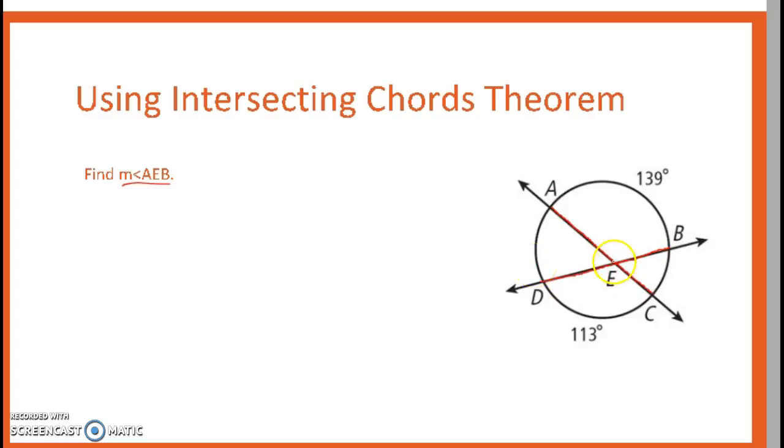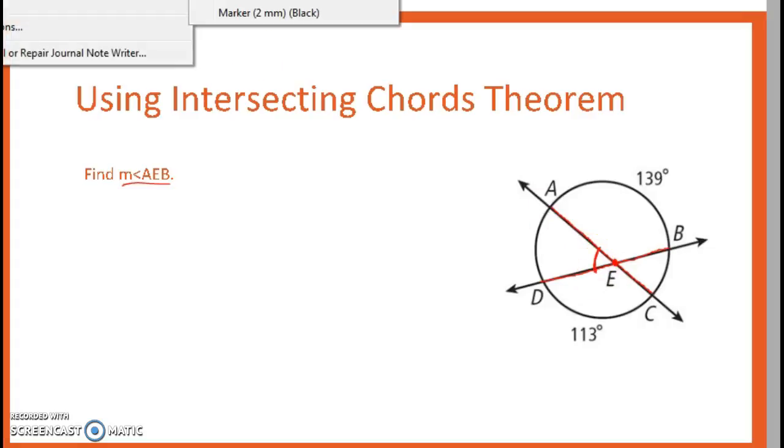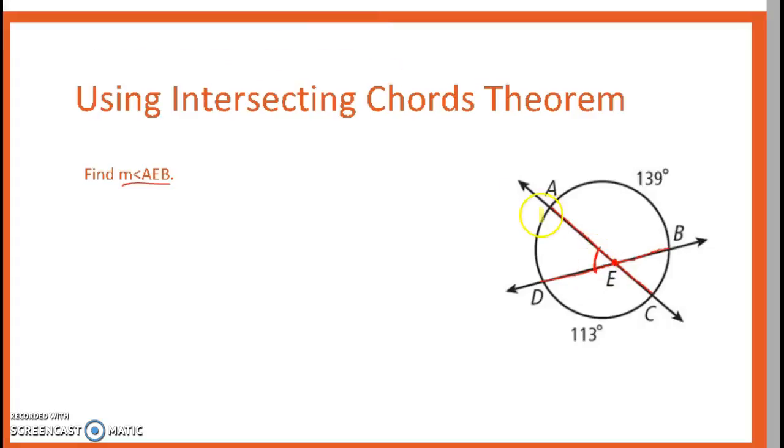Now, I can't assume that E is the center point, because it would be visually in the center of the circle, or some information would be given to tell me E is the center. So without knowing that, it's not necessarily the center. But what I can do is use my intersecting chords theorem to say that this angle right here is equal to the sum of the two intercepted arcs AD and BC multiplied by 1/2.